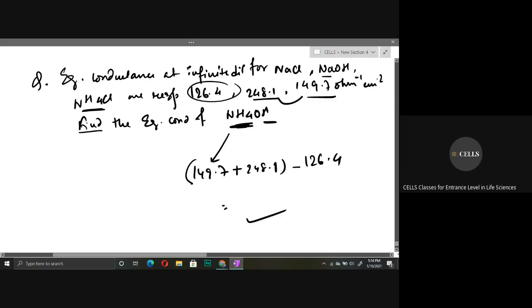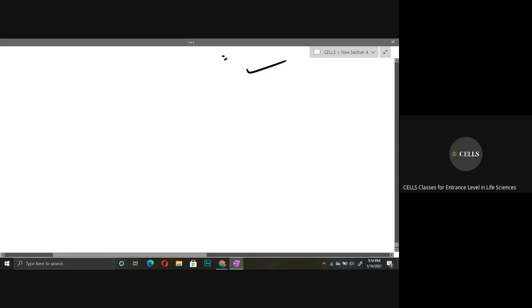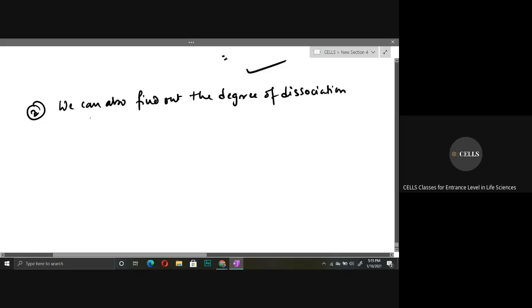Okay. Another important point, the second application is that we can also find out the degree of dissociation, which you have studied in ionic equilibrium as alpha, of any weak electrolyte.